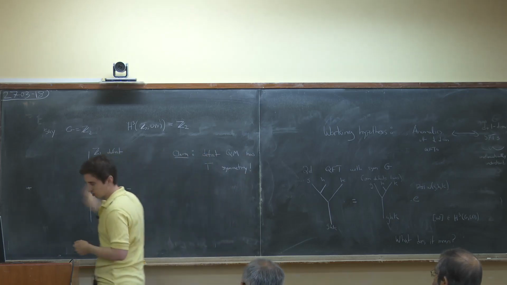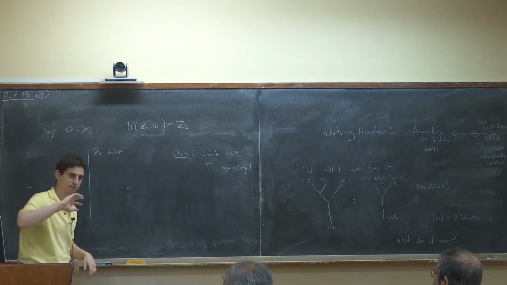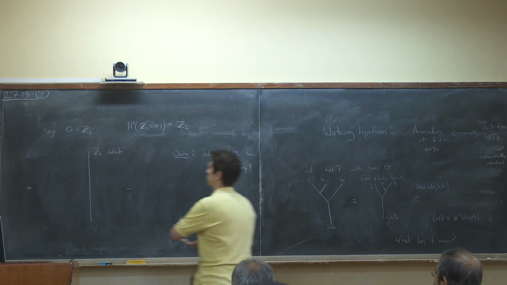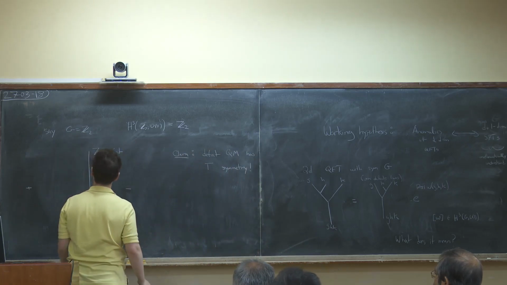What is CPT? This is a Euclidean picture. CPT in Euclidean signature is just a 180-degree rotation. Right? It's part of the Lorentz group. So if I combine CPT with the Z2 transformation, it actually preserves this picture.